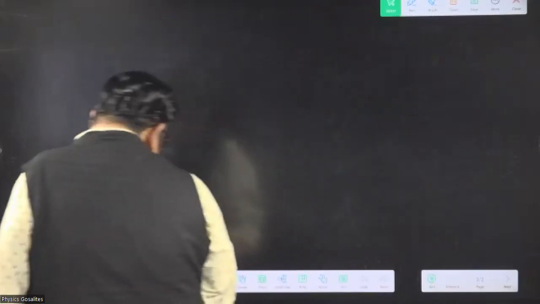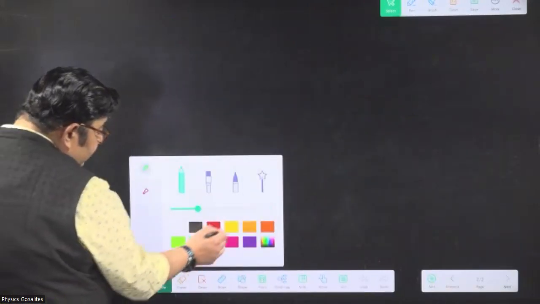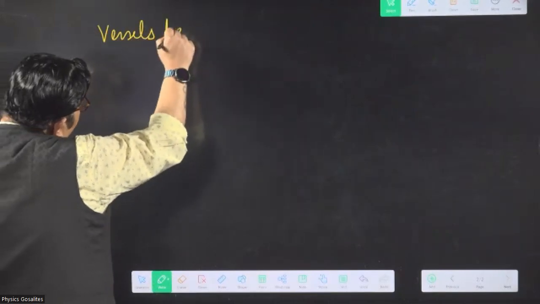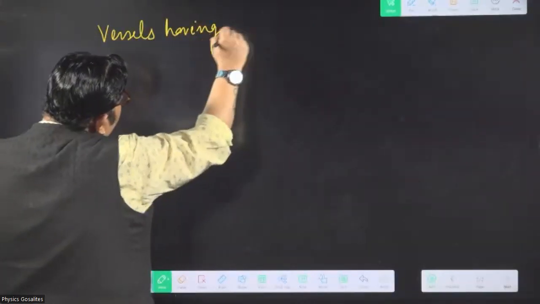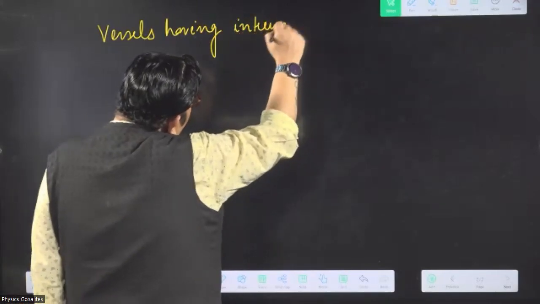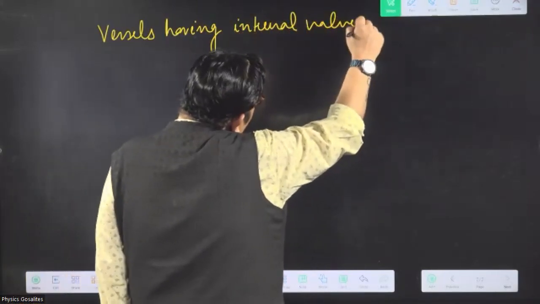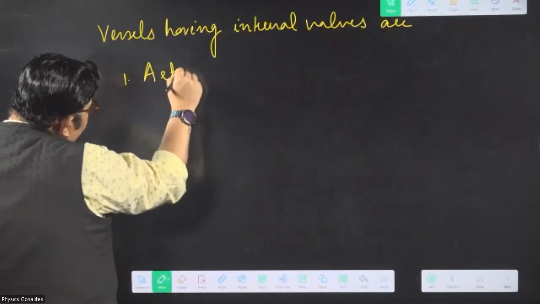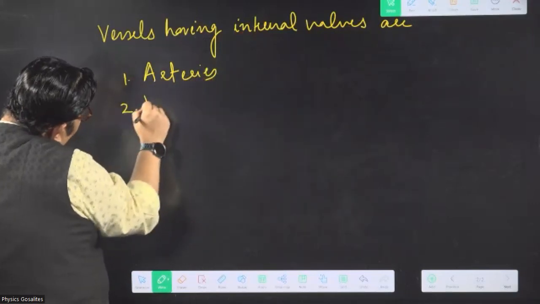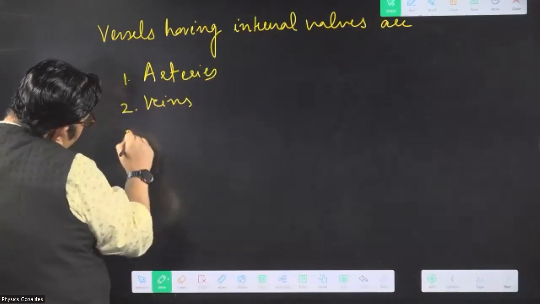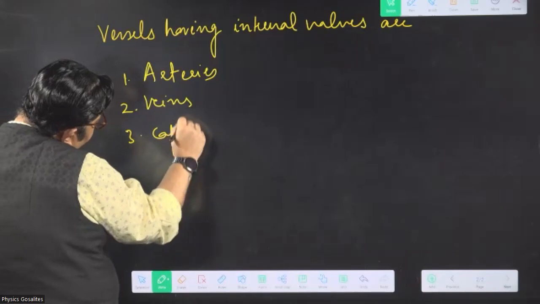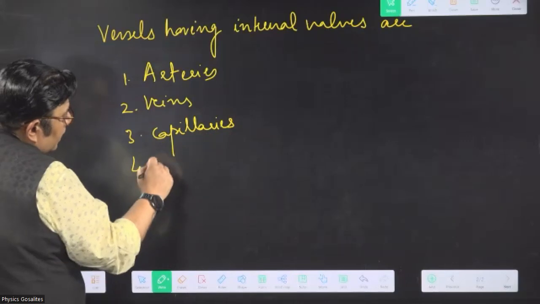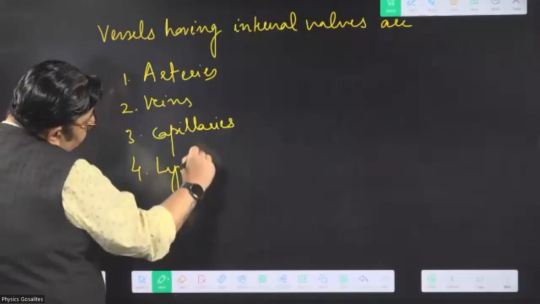My question is, vessels having internal valves are: number one, arteries; number two, veins; number three, capillaries; and number four, lymphatics.